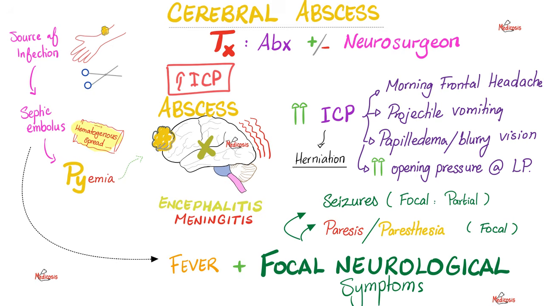Ready for an exam question? This could be asked. Here's a patient that has history of severe skin infection, or severe pneumonia, or severe trauma, or severe acute bacterial endocarditis, and then the patient developed fever, focal neurological symptoms, which include morning frontal headache that gets worse as I lean forwards, projectile vomiting, papilledema on fundoscopic exam, and increased opening pressure on lumbar puncture, and they also had focal seizure in the left arm.